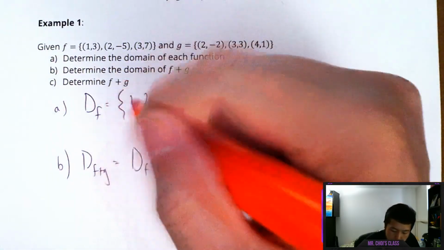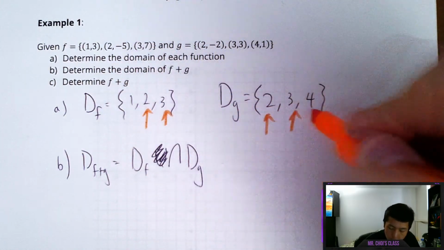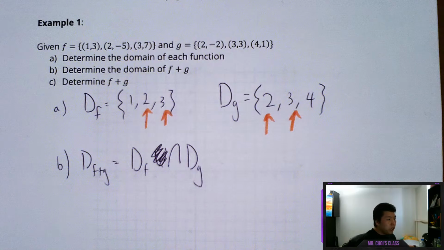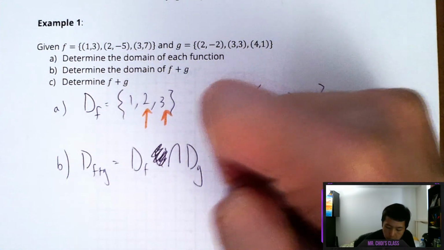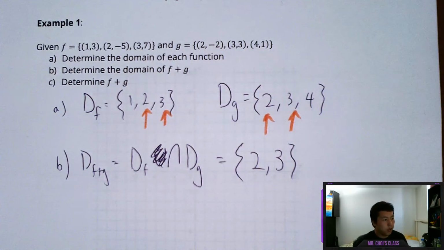And so that would be 2 and 3. 4 does not exist in the function f, and 1 does not exist in the function g. So as a result, 2 and 3 are the only intersecting domains, and the domain is literally just 2 and 3. And that's it.